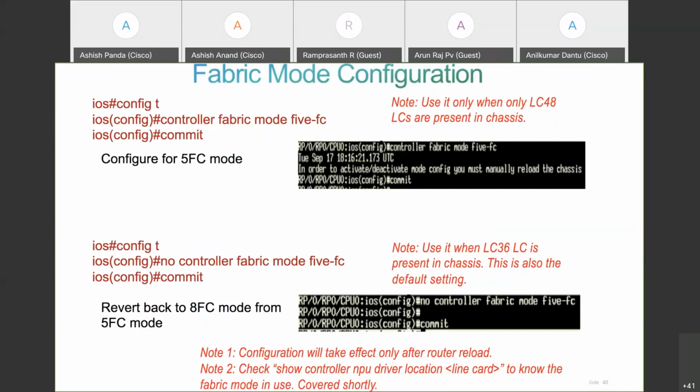We can't use the 36 into 400 gig card on the chassis. To change from 8 fabric card to 5 fabric card mode, this is the command you want. If you want to revert it, you do no to it and commit it. But whenever you are doing a mode change, you have to reload the chassis for it to take effect.